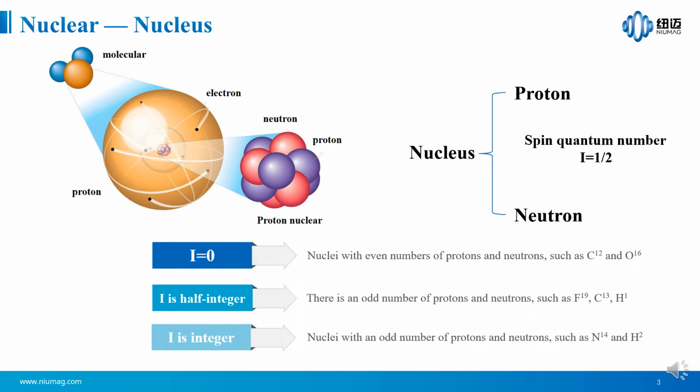The nuclei that we use most often is hydrogen. Most medical magnetic resonance imaging and relaxation analysis are based on the hydrogen nuclei. Also, our experiments in this course are based on the hydrogen nuclei in those samples.